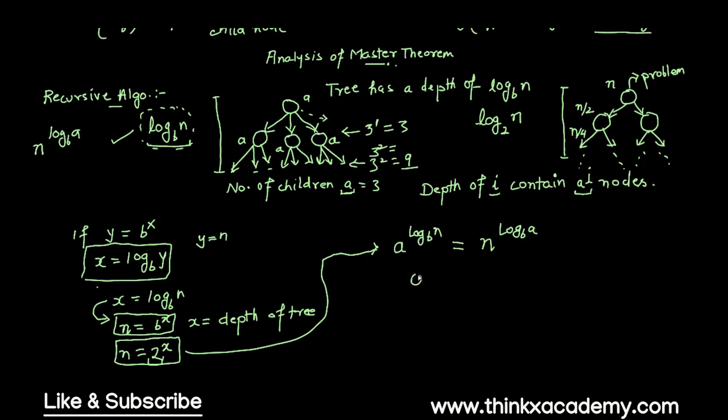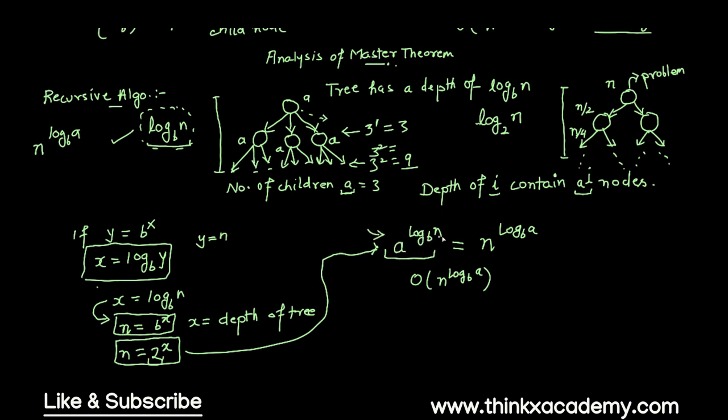So this means that n raised to the power log base b a represents the depth i nodes, and we know that the depth i is basically log base b n. I've just used this mathematical concept to compare it with this equation. So we now know how we got this value.